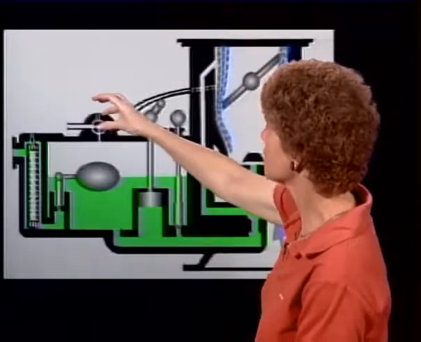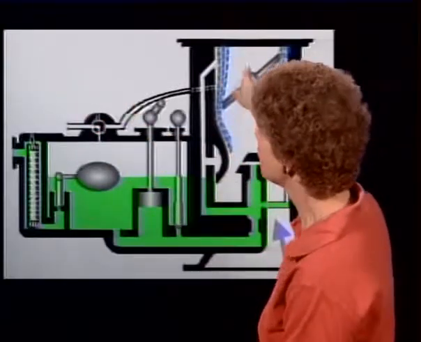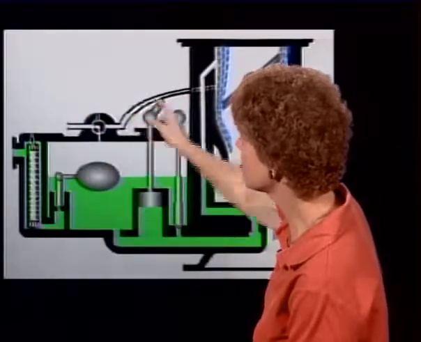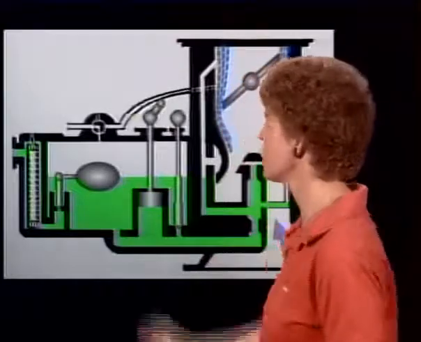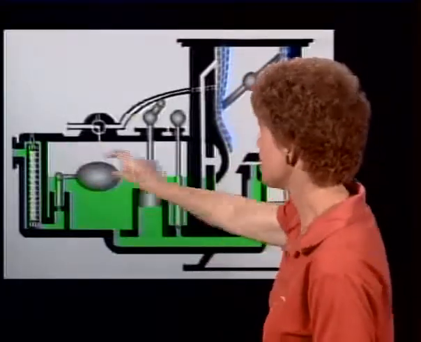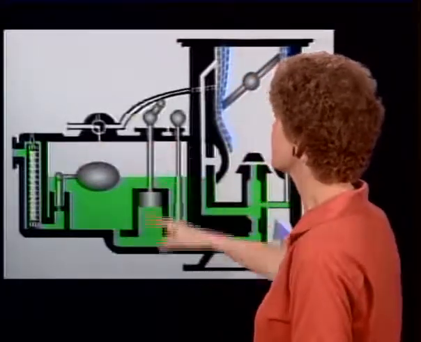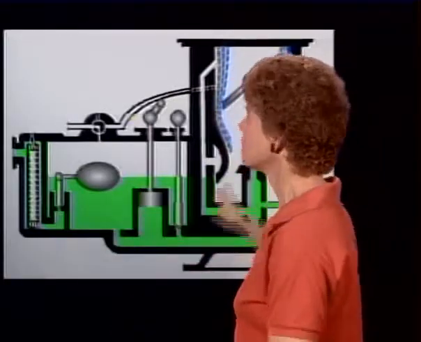And when the mixture control is pulled to idle cutoff, this line with piston suction is opened into the float chamber, and what that means is that you now have a negative pressure area in the float chamber, and that prevents the fuel from flowing out the discharge nozzle. So what you're doing is introducing low pressure intake manifold or piston suction air into that float chamber to give it a negative pressure and prevent the fuel from flowing out the discharge nozzle.